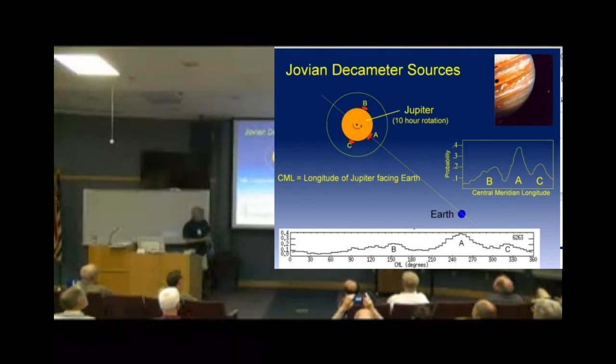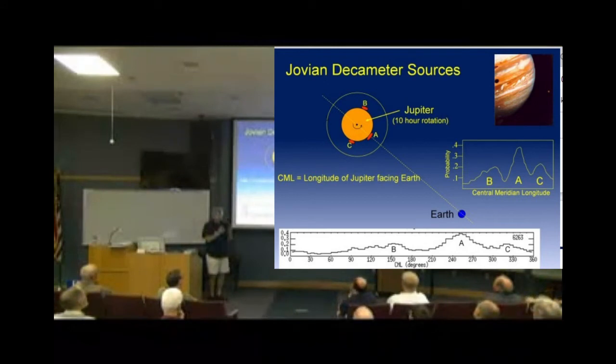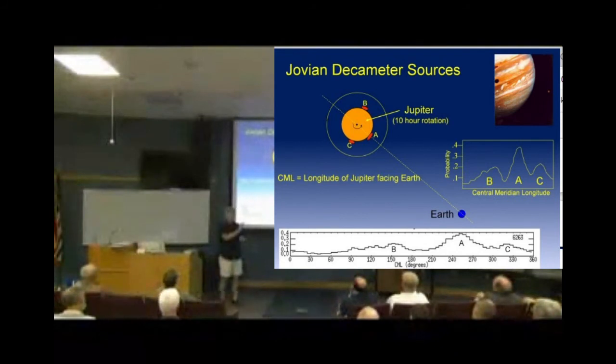So the longitude system we use is called the central meridian longitude. So essentially, what part of Jupiter's disk, the central part of the disk, is facing you, the observer. And so we define a start date and start point, and we're going to call that 0.